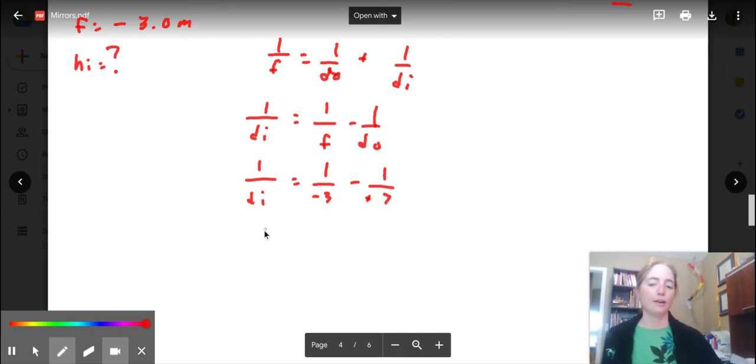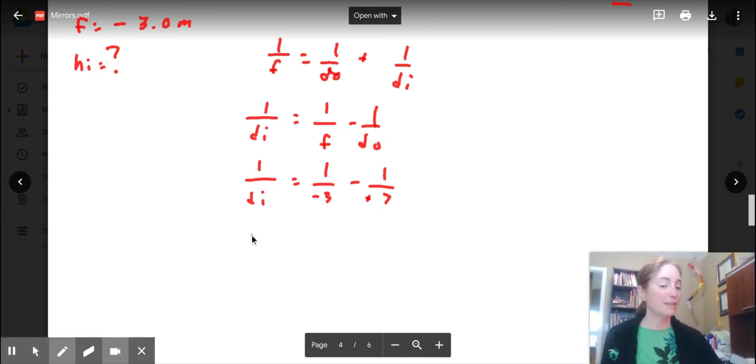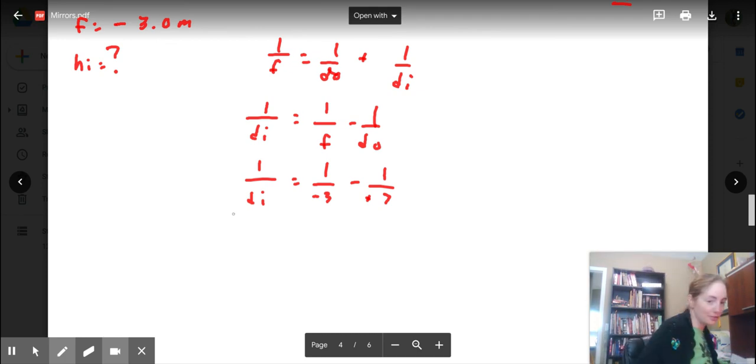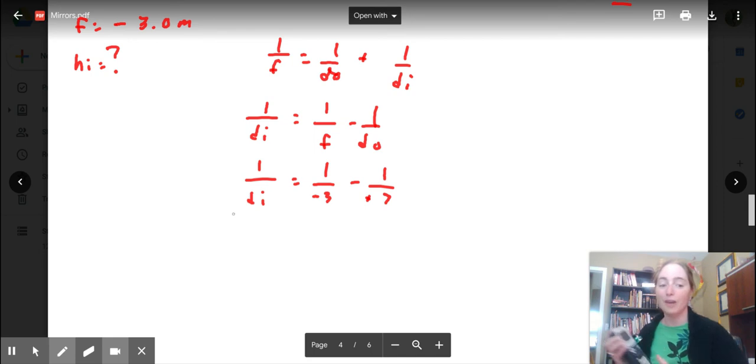Now, remember, ladies and gentlemen, you have to be super careful here. You absolutely have to remember to invert as your last step. Take the inverse. If you want to just plunk these numbers into your calculator and you don't feel like finding a common denominator, that's fine.